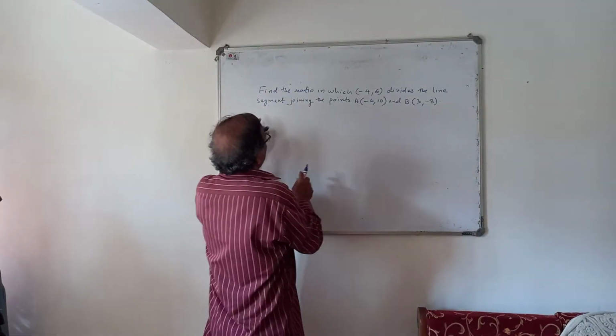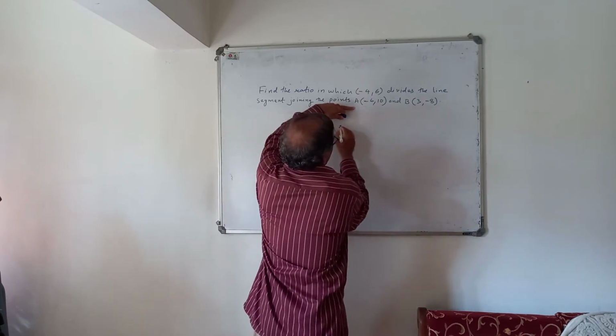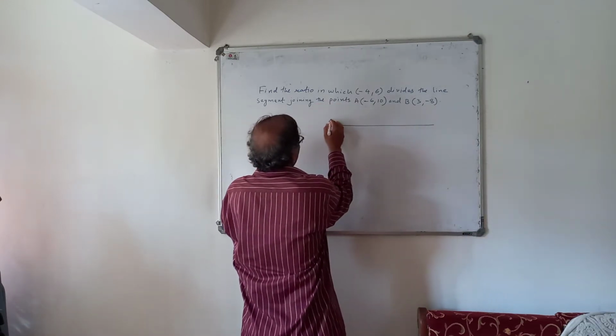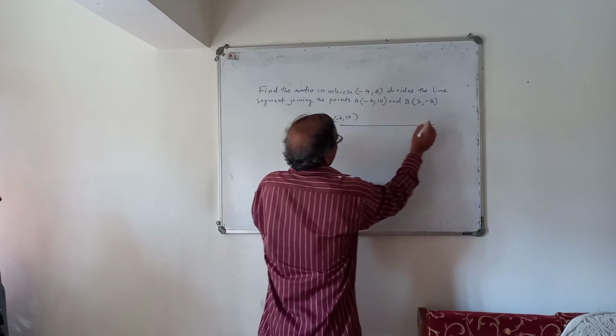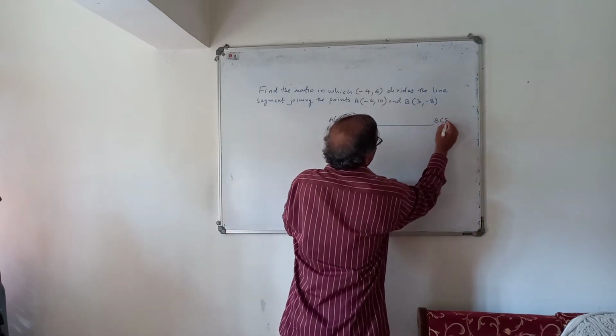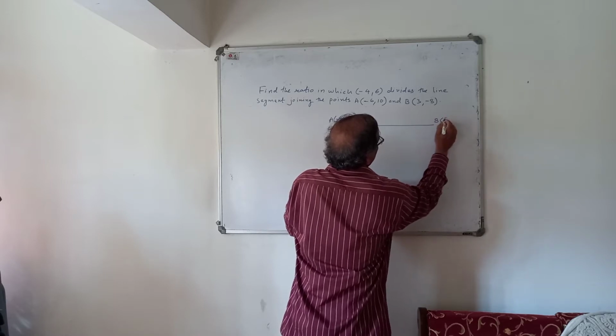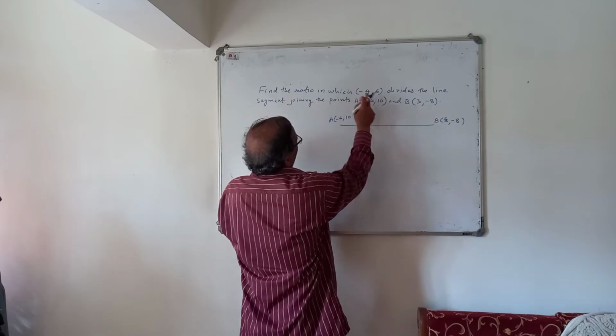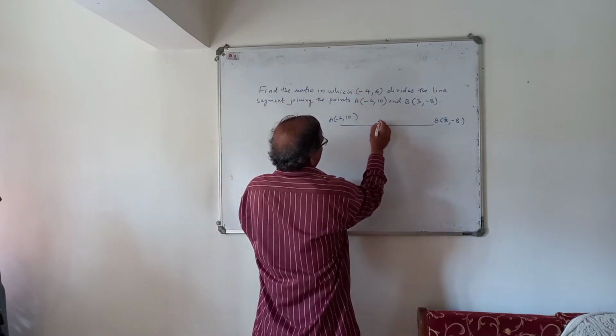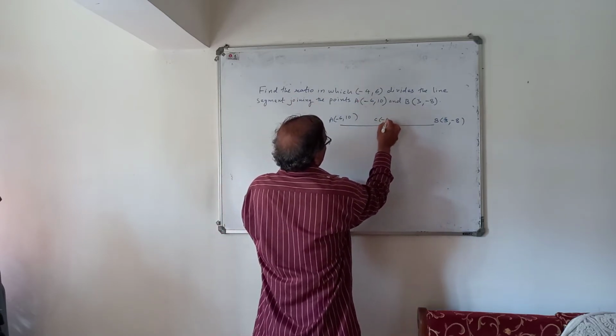So the formula is same. Now suppose line segment joining A and B. If you want, you can draw a figure like this. This is A(-6, 10), B is (3, -8), and it is divided by the point C(-4, 6).